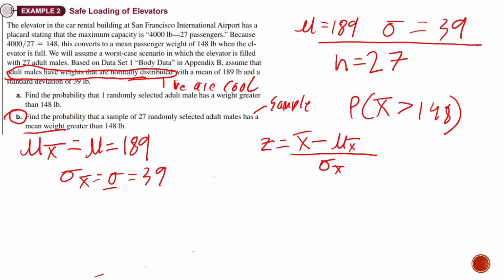Correct. So it is our population standard deviation divided by the square root of the sample size, right? The mean of a larger sample is less likely to be extreme, because if there's an extreme person in the sample, they will be averaged into everybody, right?